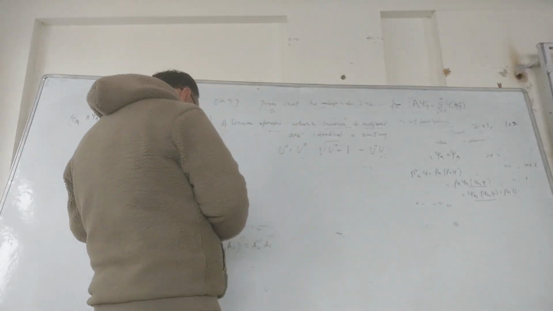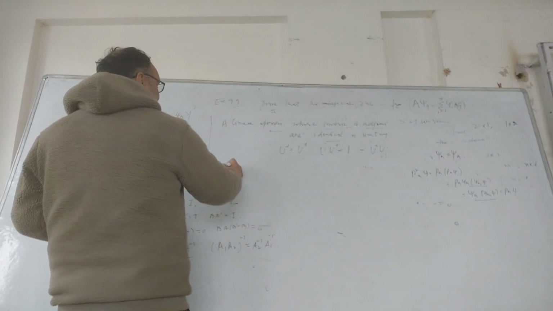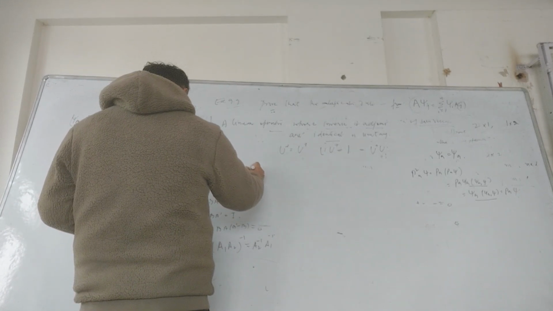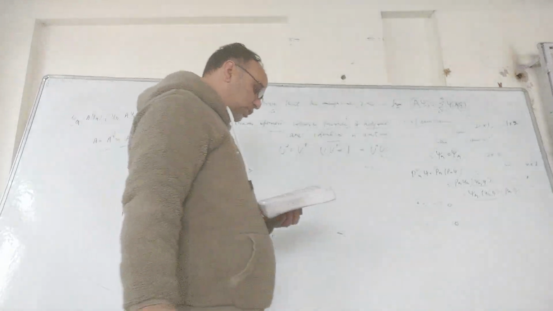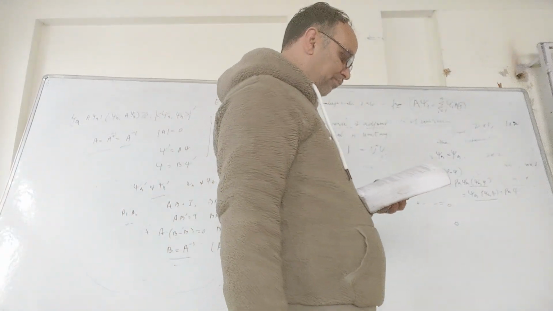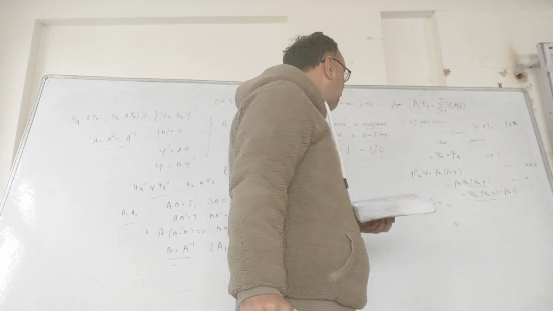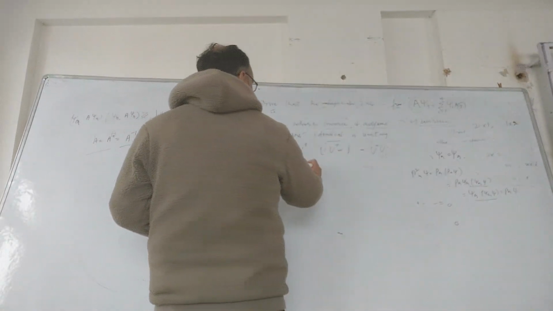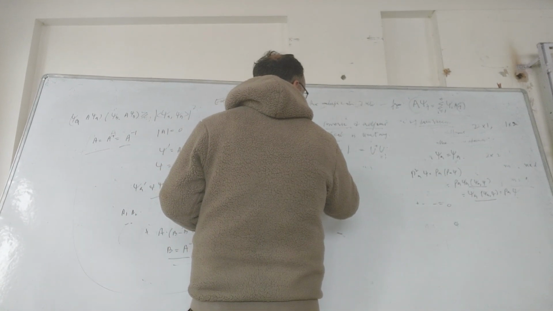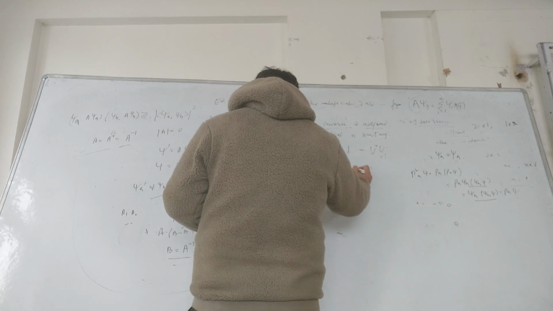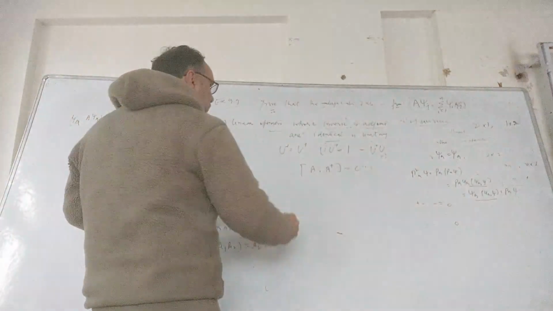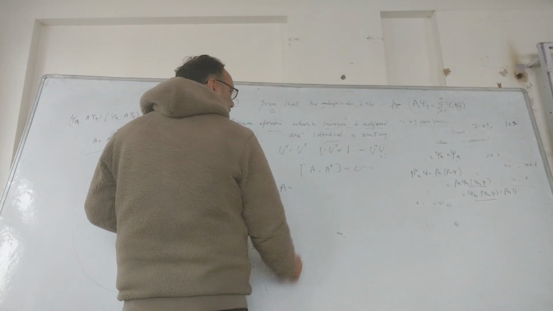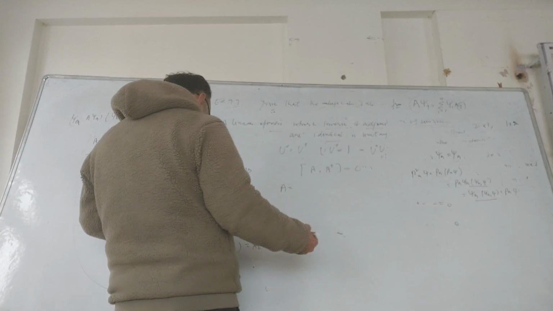And last exercise which we are going to see is, for example, exercise 9.13. You see, ये कह रहा है कि prove that the products of unitary operators are also unitary. तो कैसे करेंगे? तो unitary operators की एक प्रॉपर्टी होती है, इनका जो कम्यूटेटर होता है ना वो 0 होता है. ठीक है. So what we are going to do? We are going to write A in terms of its Hermitian conjugate.